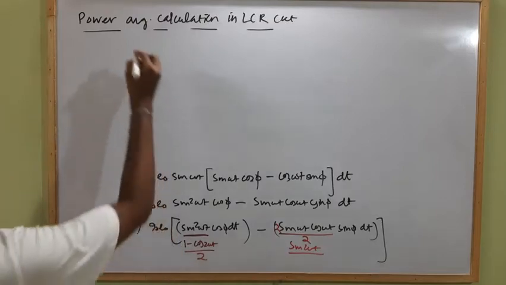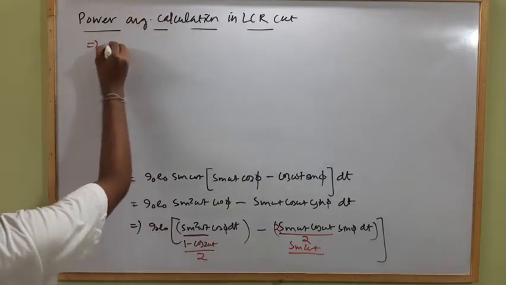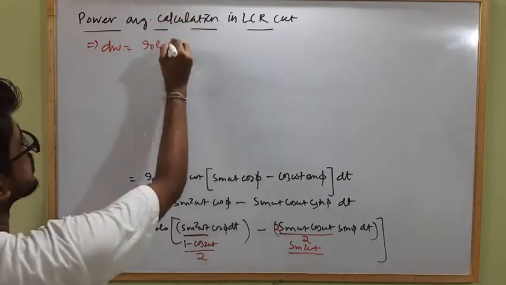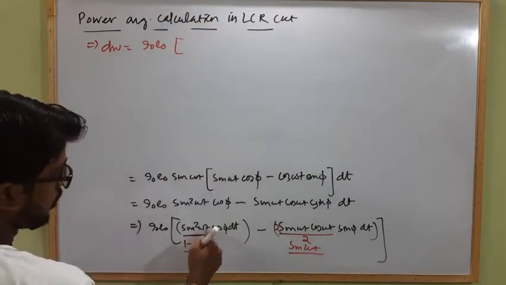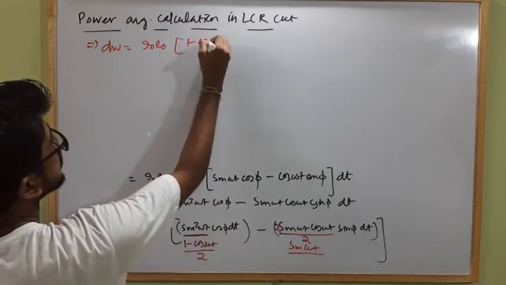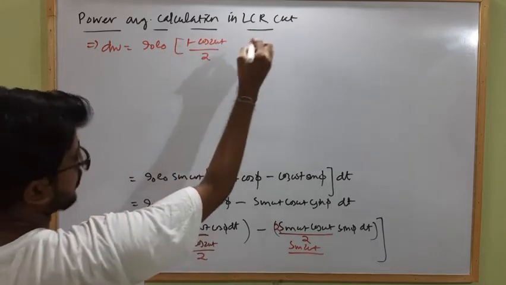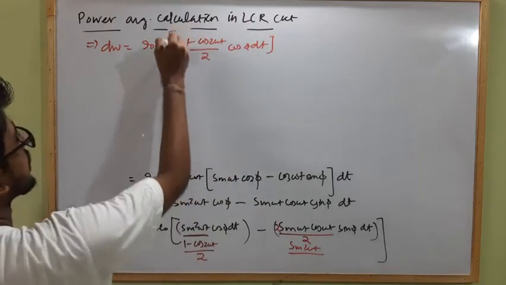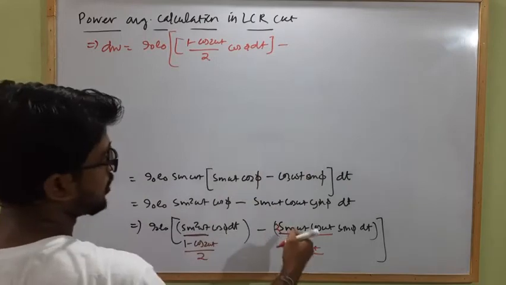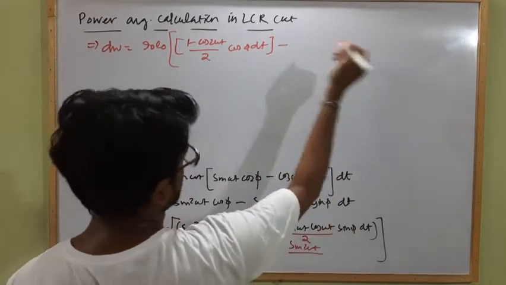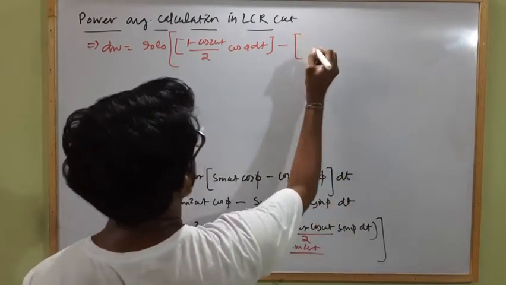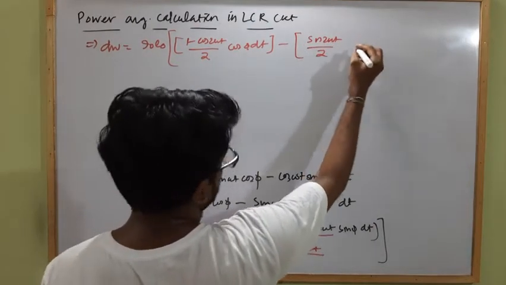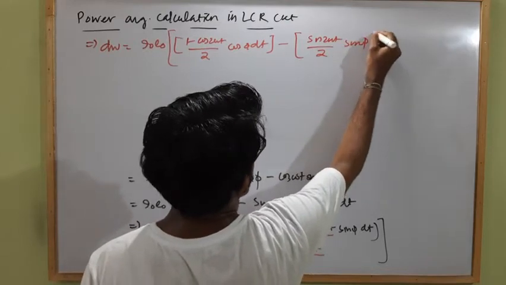So from this equation we can write this implies dw will be equal to I naught E naught into sin square omega t, which is 1 minus cos 2 omega t by 2, into cos phi dt, minus 2 sin omega t cos omega t, so this will be sin 2 omega t by 2 into sin phi dt.